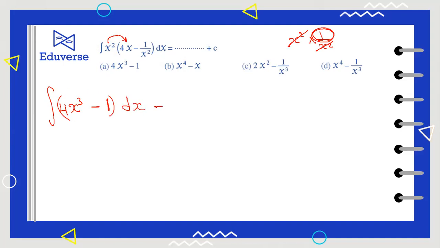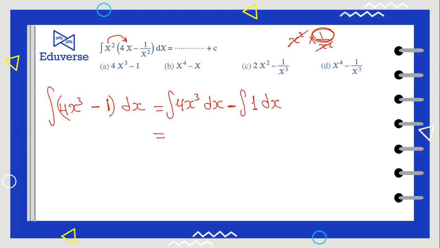In this case, I can find the integration more easily. I will integrate 4x power 3 dx minus the integral of 1 dx. So separate the integration of the two terms: the integral of the first term minus the integral of the second term.